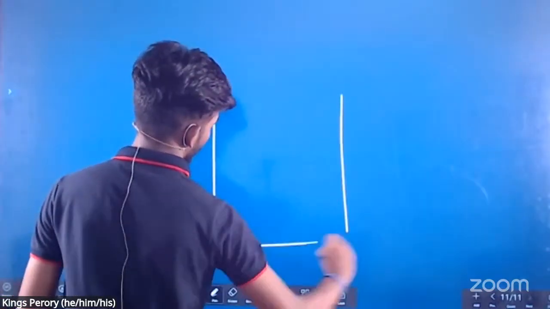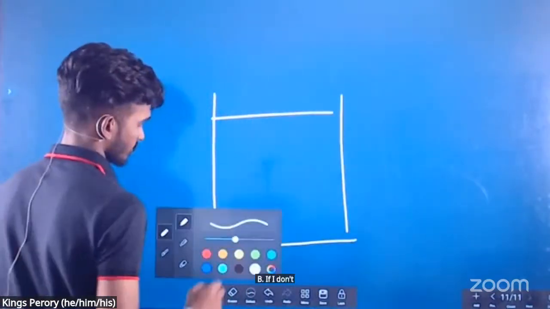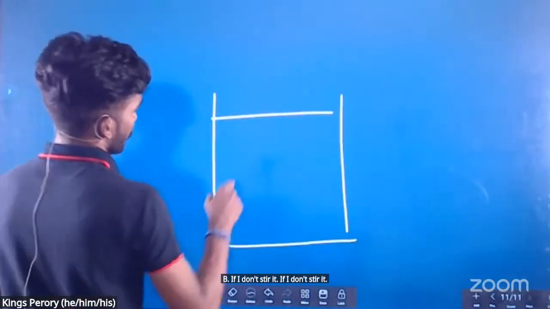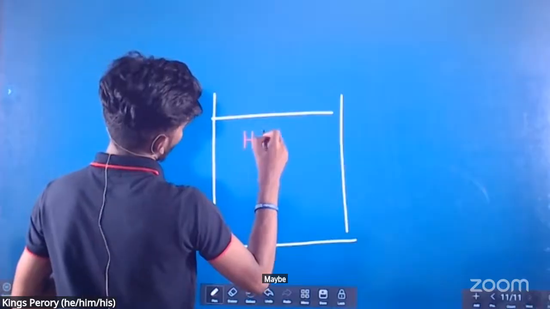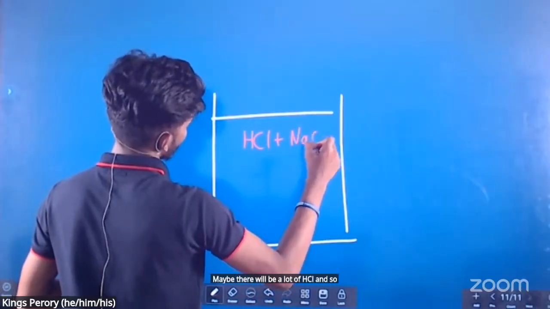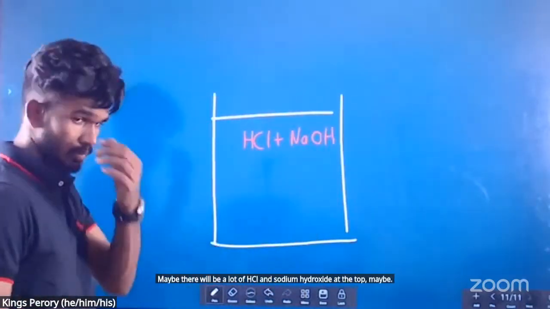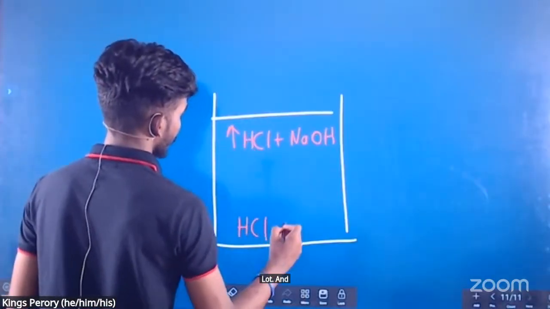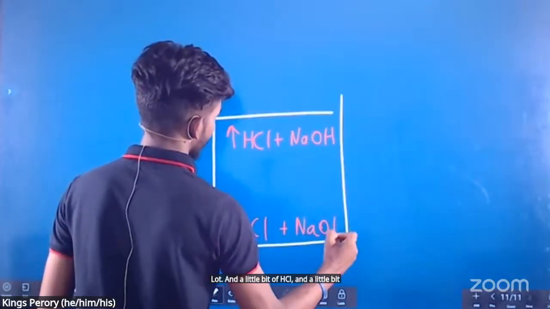See, if I don't stir it, maybe there will be a lot of HCl and sodium hydroxide at the top, and a little bit of HCl and sodium hydroxide at the bottom.